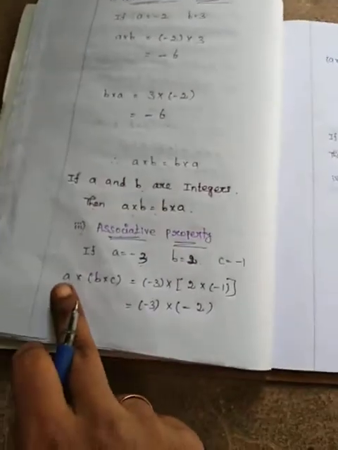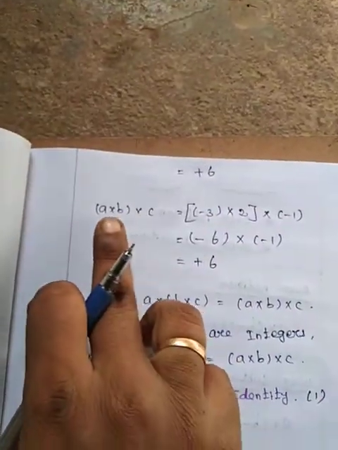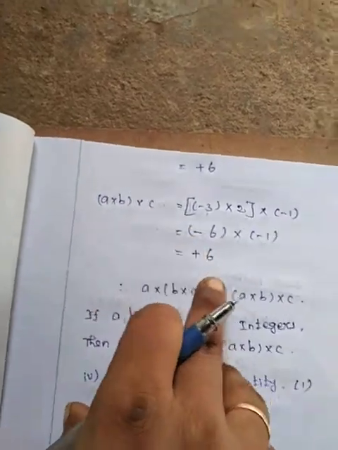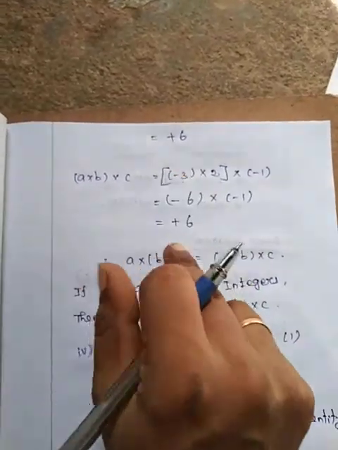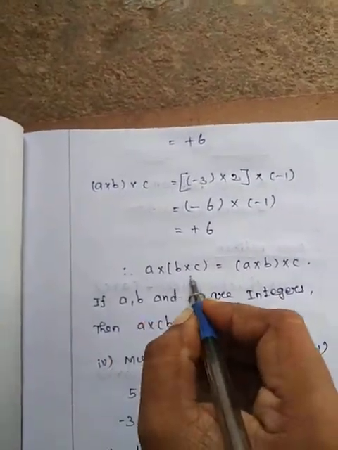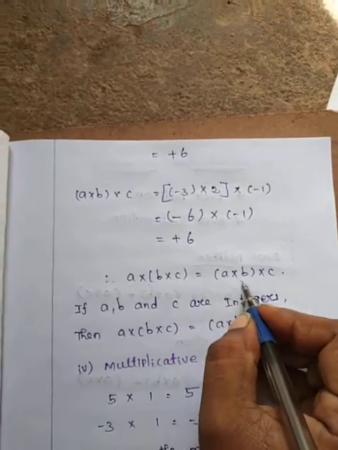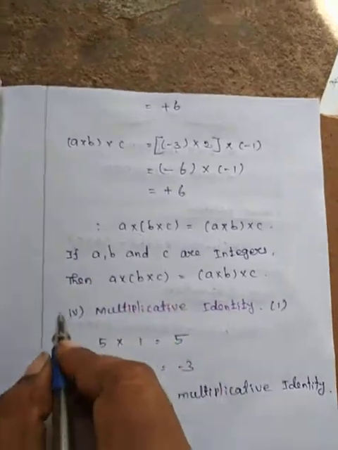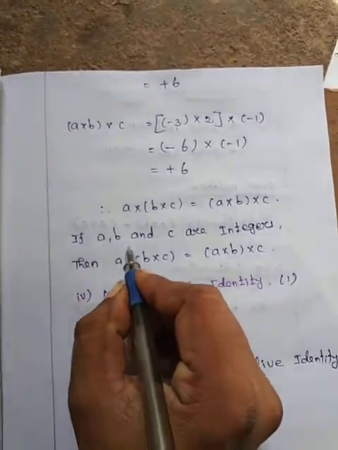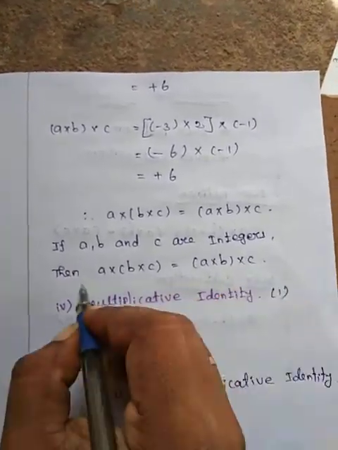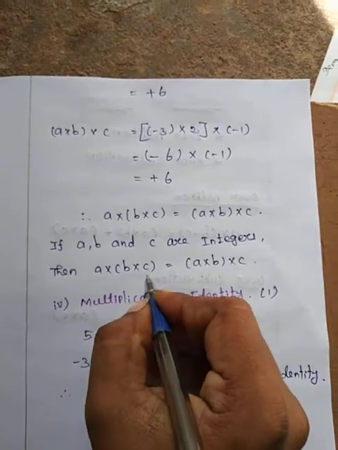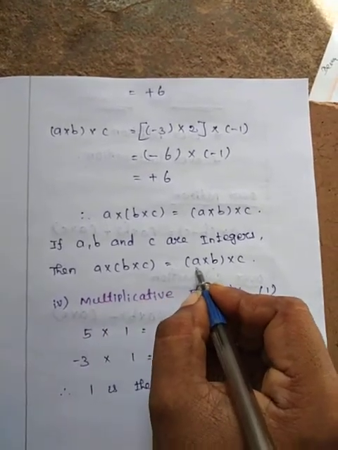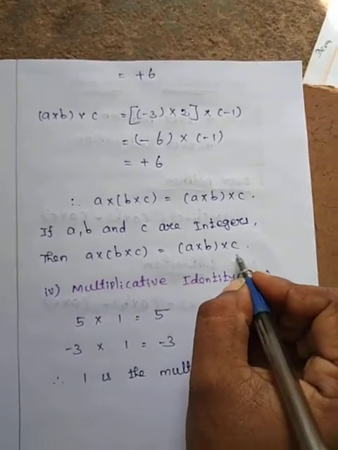See that the value of (a into b) into c is plus 6, and the value of a into (b into c) is plus 6, so both are same. So the associative property is, if a, b and c are integers, then (a into b) into c is equal to a into (b into c).